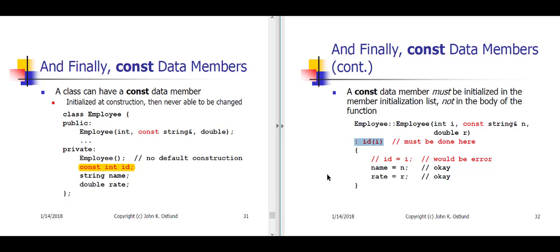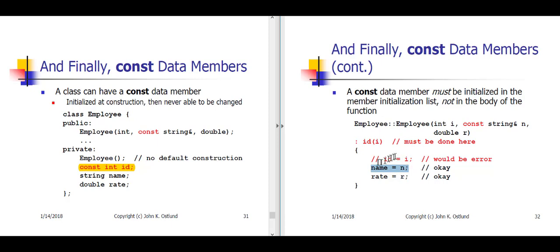For these other data members that are not const, in particular the name and rate data members of the employee object, it's not strictly necessary to use the member initialization syntax to establish the initial values of those data members. We can simply use assignment in the body of the constructor to say name gets whatever the parameter value is and rate gets whatever the parameter value is.